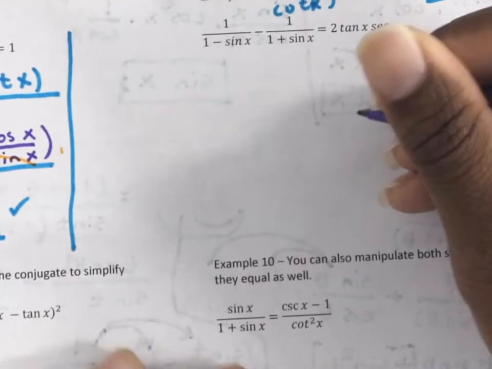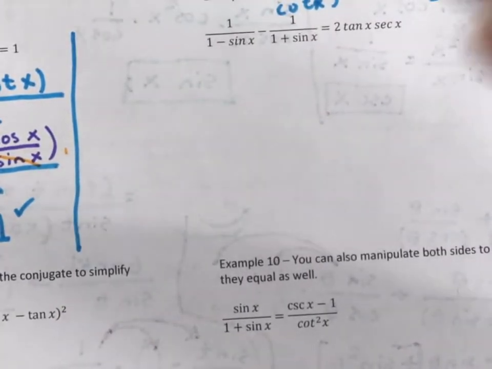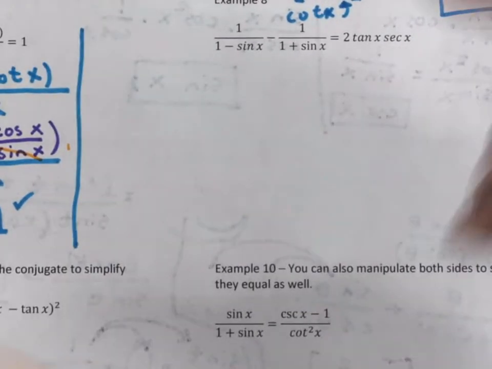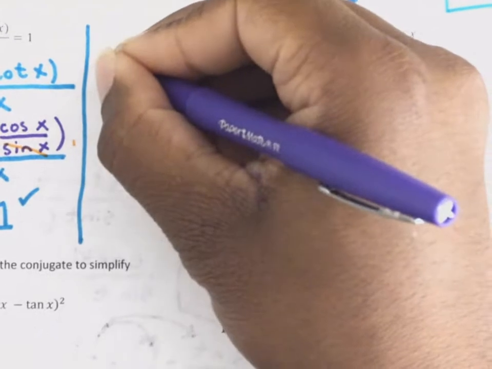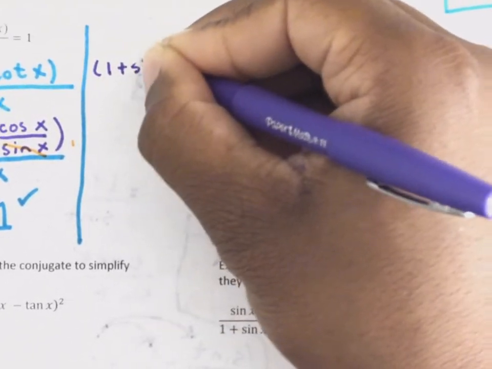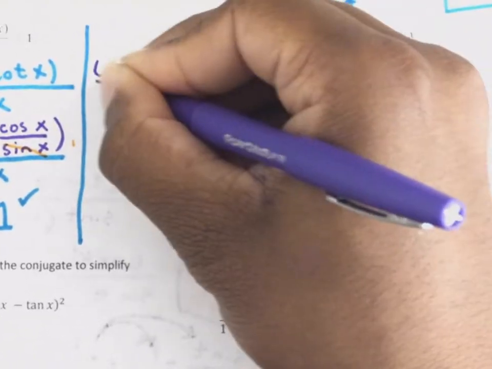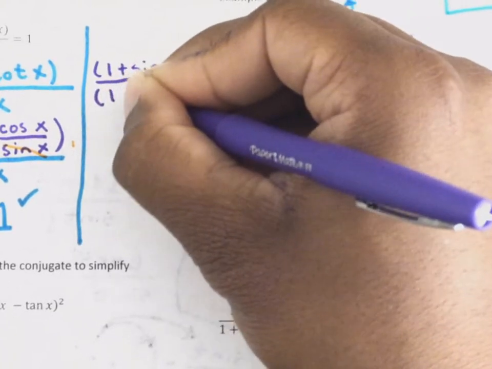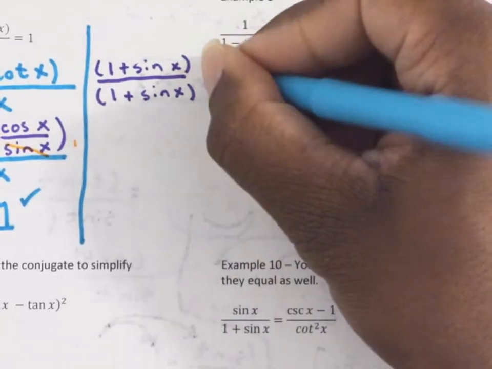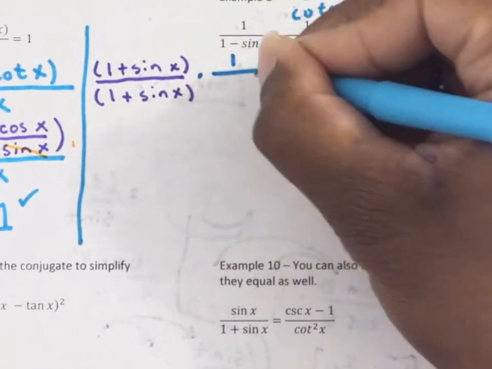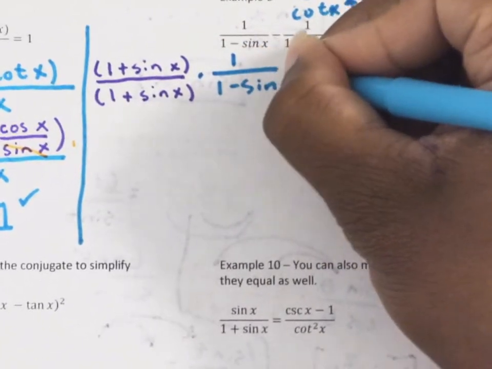So the left side, and as we go, you won't necessarily write this step out, because you'll just see the pattern and you'll do it every time. So I'm going to write it out. This side needs 1 plus sine x. I'm going to do it on the top and I'm going to do it on the bottom so I don't change the value of it. Then I'll write the left side that I started with, 1 minus sine x.